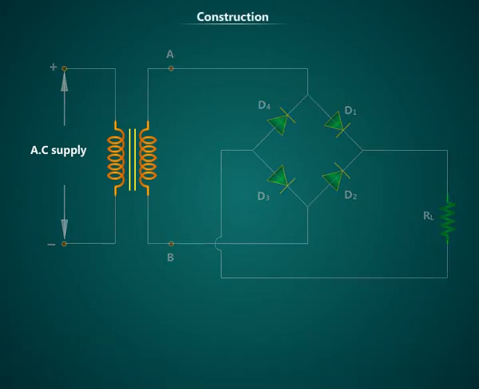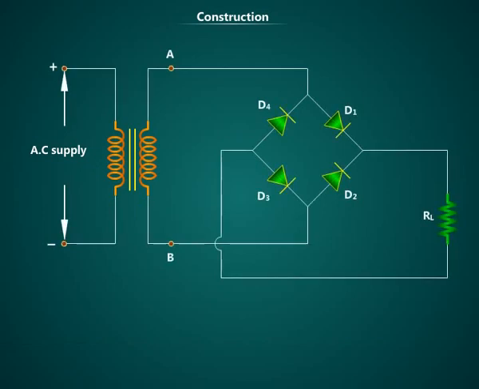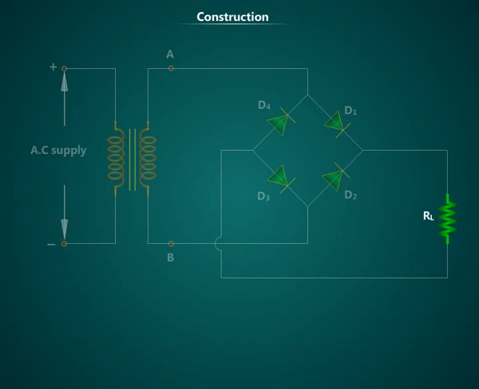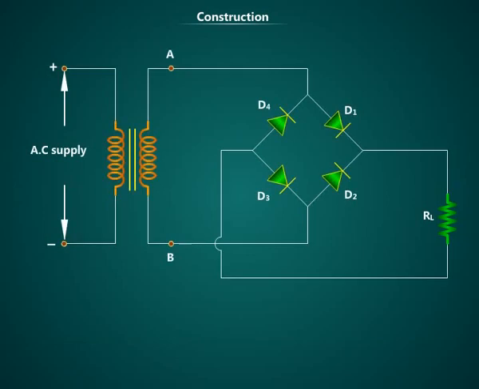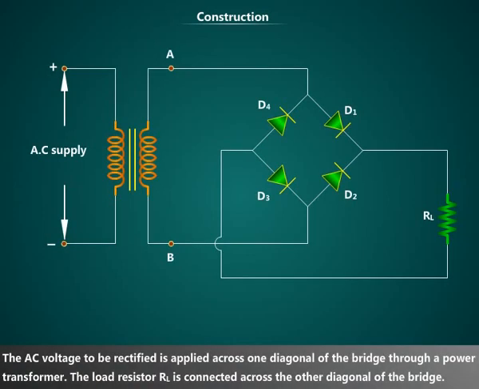Bridge rectifier consists of the transformer, semiconductor diodes and a load resistor RL. The AC voltage to be rectified is applied across one diagonal of the bridge through a power transformer. The load resistor RL is connected across the other diagonal of the bridge.